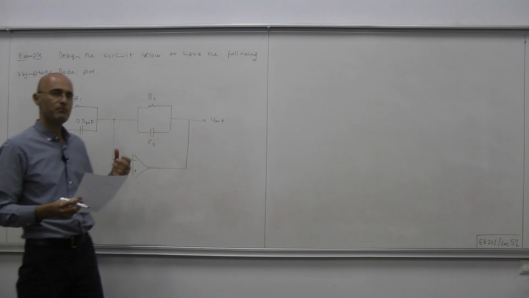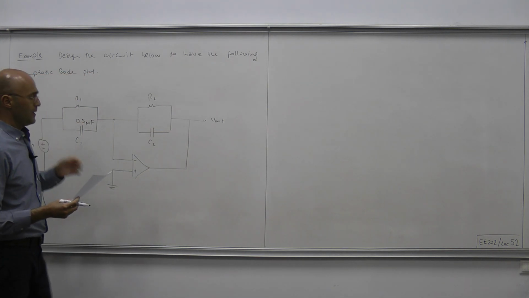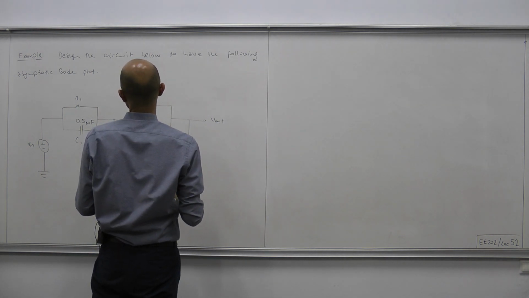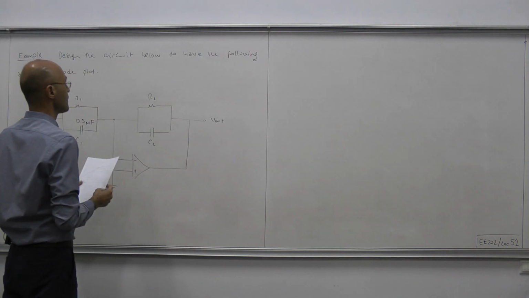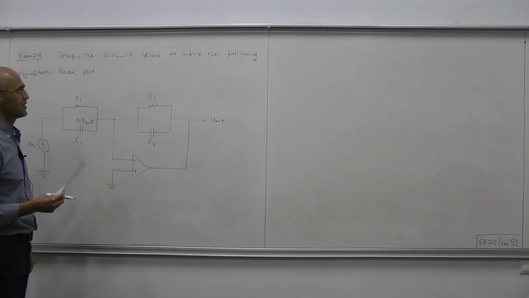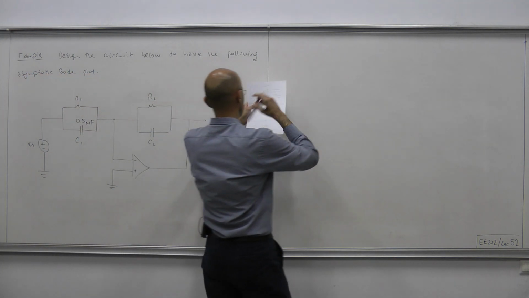And how do we determine them? We figure them out so that the asymptotic Bode plot for the transfer function from the input voltage V in to V out is as given here.